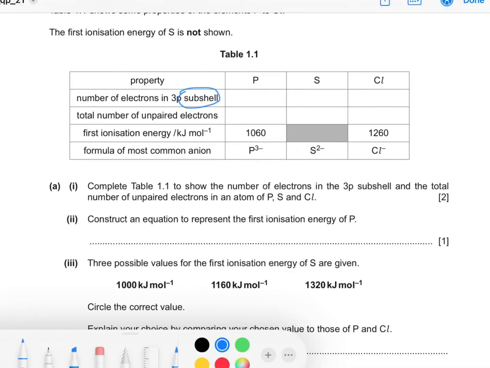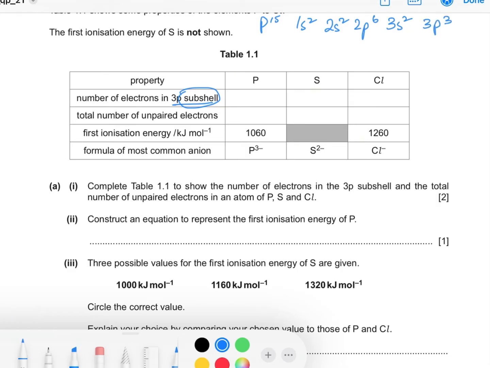So let's start with phosphorus and write down its electronic configuration to find the number of electrons in its 3p subshell. Phosphorus has atomic number 15, so you have 1s2, 2s2, 2p6, that's 10 electrons, and then 3s2, 3p3.